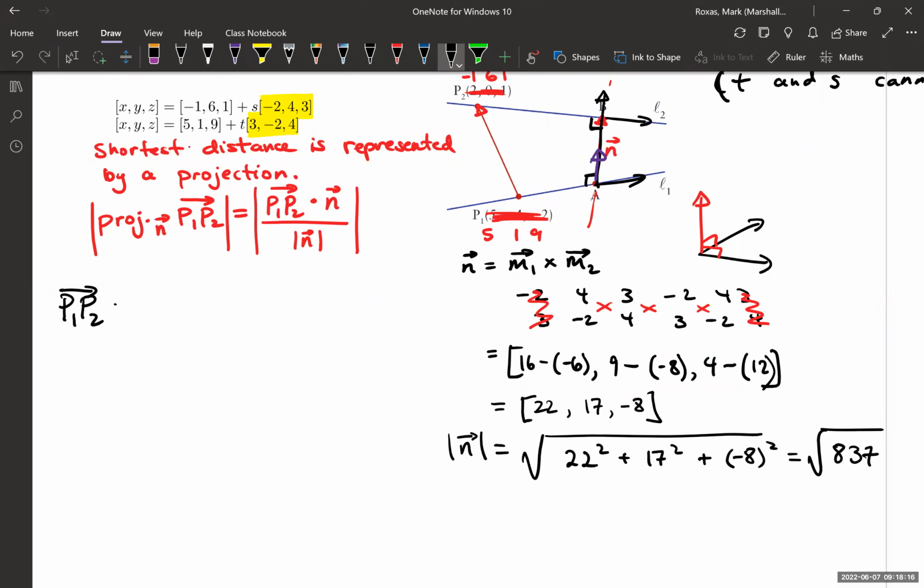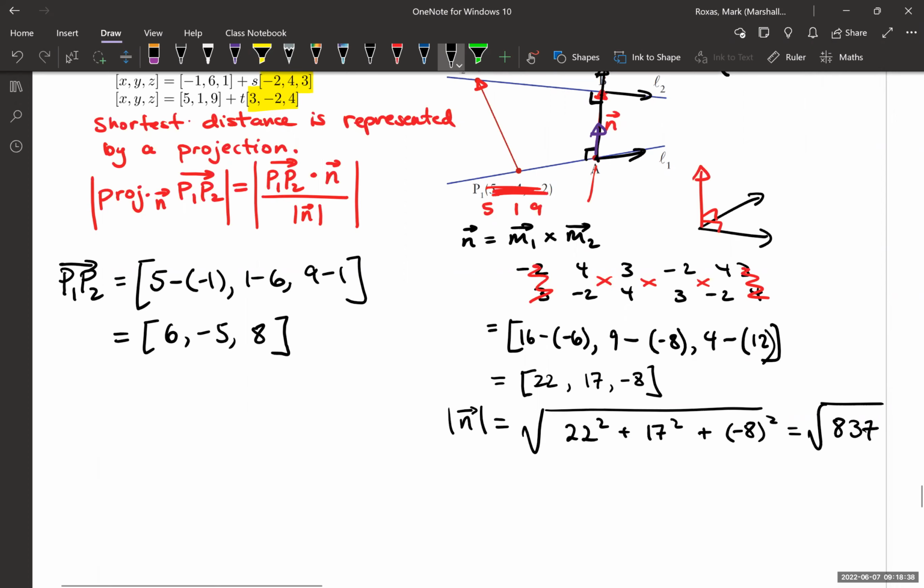So we have 5 minus -1, 1 minus 6, and 9 minus 1, which is 6 for the x component, -5 for the y component, 8 for the z component.